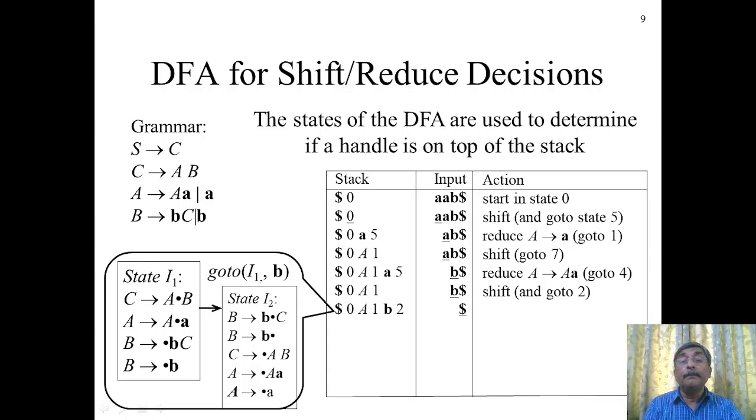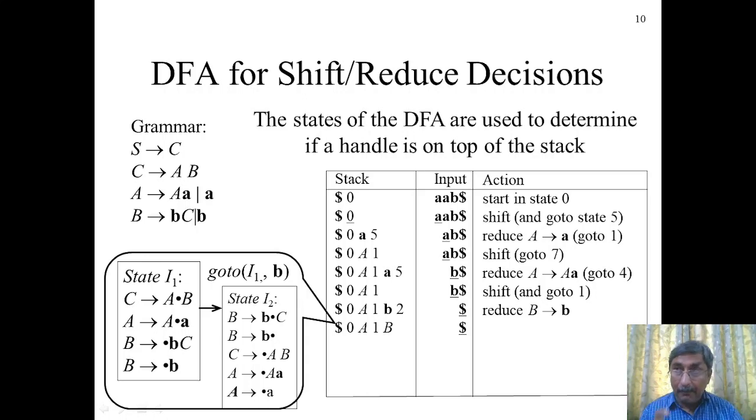So now let me go to the next one. Of course, you see this dot appears at the end in this particular item, but there are many places where this dot actually precedes some symbols. So this dot tells me you can go further, and this dot tells me you can stop, because you have found a handle.